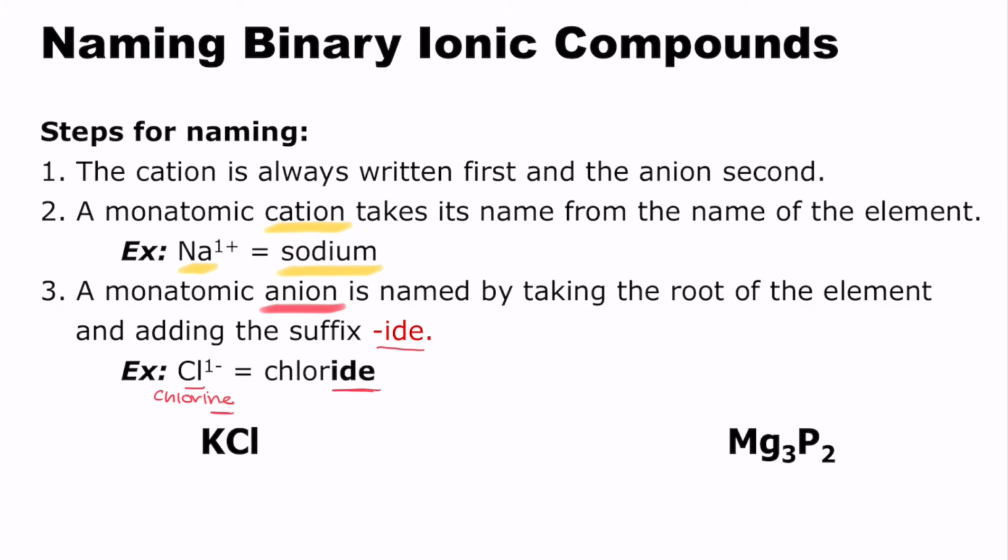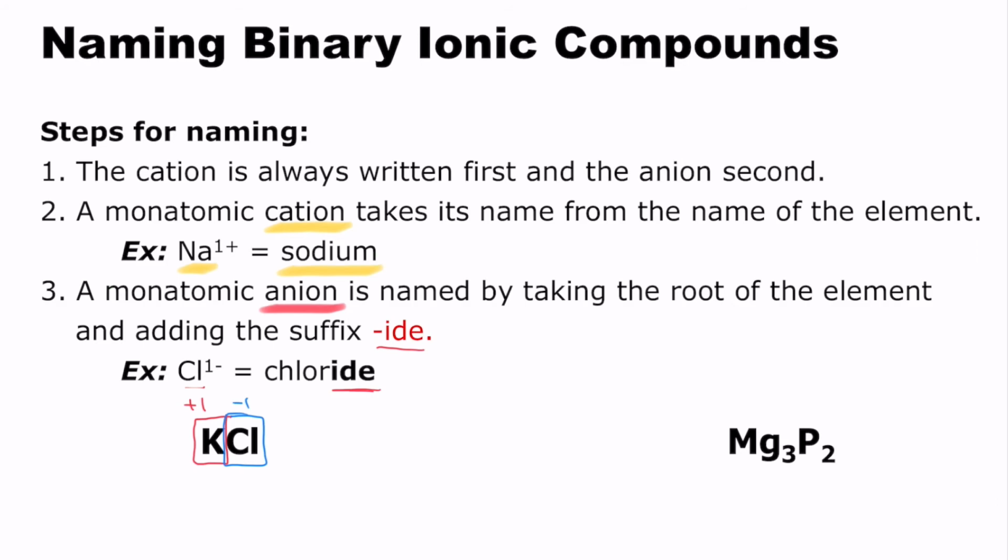So if I gave you this example here, you just have to look and see what part of this compound, and we know it's a compound because it has multiple elements involved, is the positive cation and what is the negative anion. So I see that potassium is our positive 1 cation, whereas the chlorine would be our negative 1 anion.